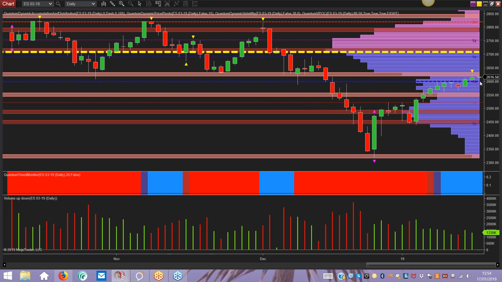Decent bit of support underneath, but now as the markets rally, as we get up to these levels, up to 2750 and 2800, it's a question of battling through this region here around the volume point of control. We are actually in a relatively light volume node in terms of the daily at any rate.